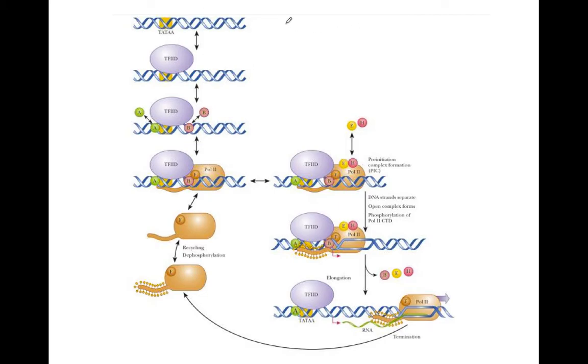In eukaryotes, transcription involves transcription factors. Transcription factors are proteins, and they help with transcription. The mnemonic that you have to remember here is that if you see the term TF, that means transcription factors. If you see transcription factor 2, that means these are transcription factors for RNA polymerase 2.